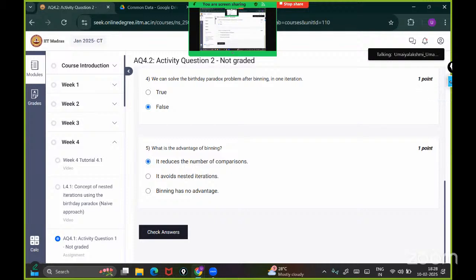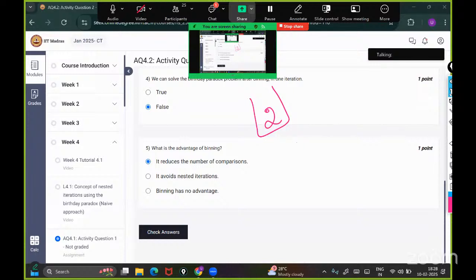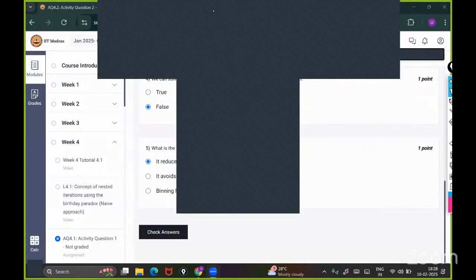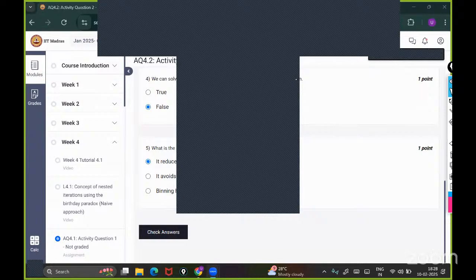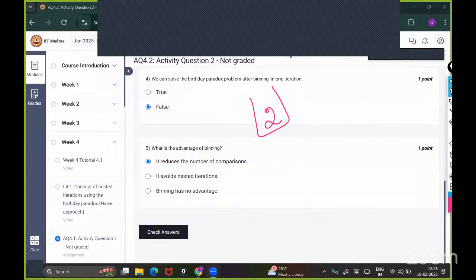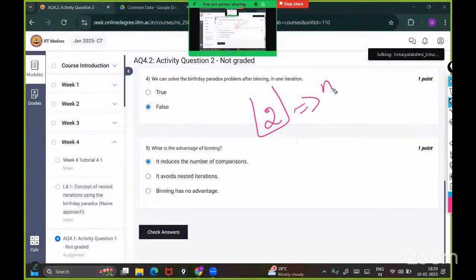Because in case of a bin, if the bin contains only two elements, the number of comparisons is small. Do you all remember the formula? n into n minus 1 by 2. Yes, ma'am. So based on that only, if there is no repetition, that is how we are trying to reduce it.